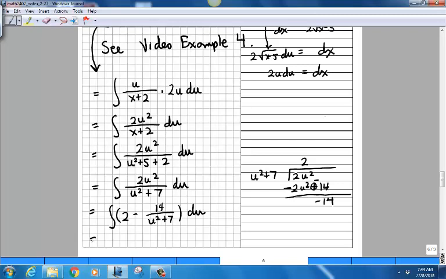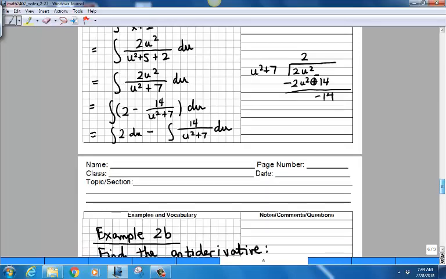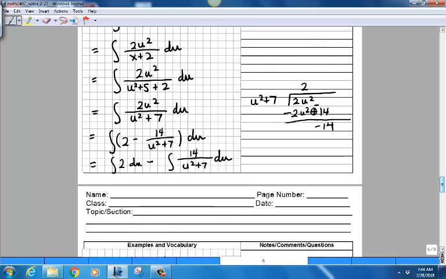Now, I can split that up into two integrals. So I can write this as the integral of 2 du minus the integral of 14 over u squared plus 7 du.